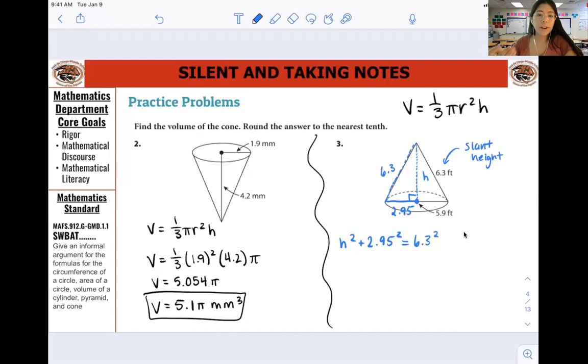If you do need to clear your calculator and plug it in again, write it down in your notebook with as many decimals as possible. Does that make sense? Go ahead and let's see what we get.